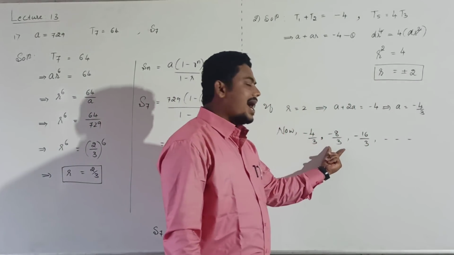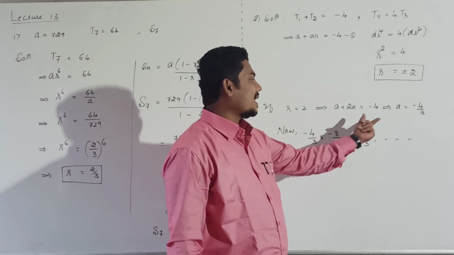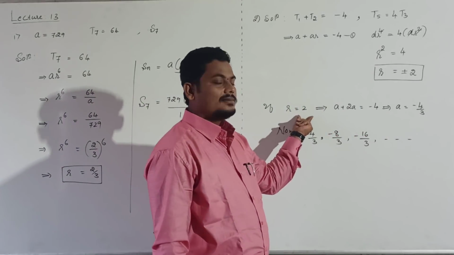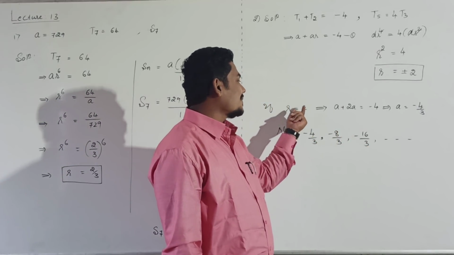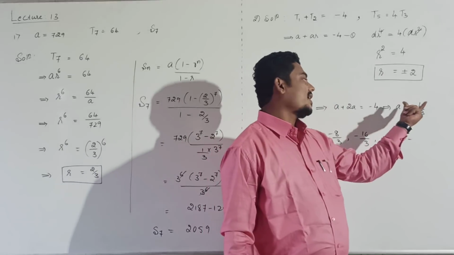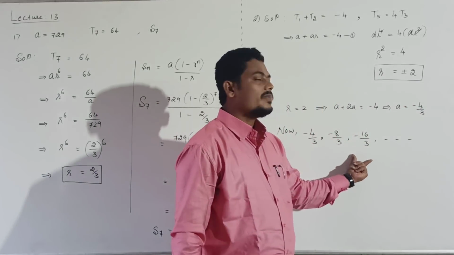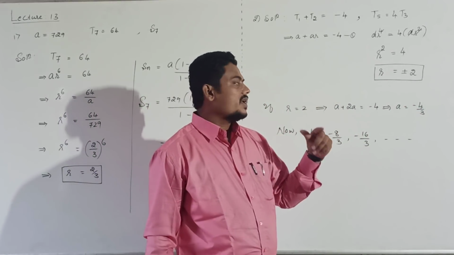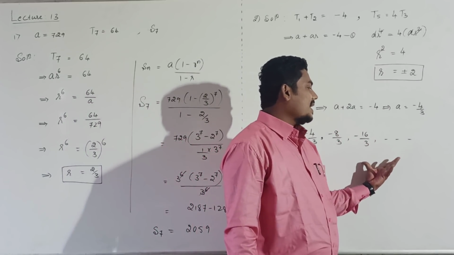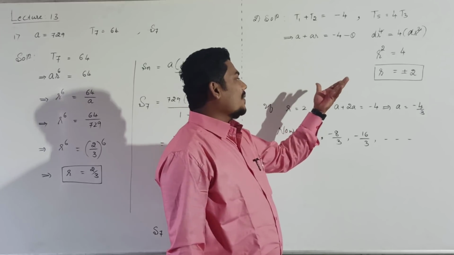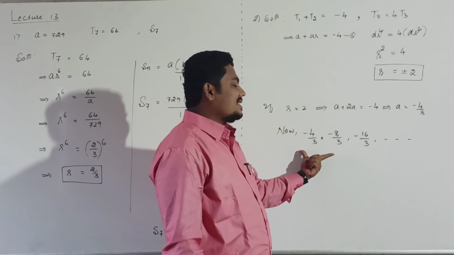The terms are A, A into R, then A into R square. What is R square? R square is 4. 4 into minus 4 by 3, that is minus 16 divided by 3. This is a GP. If R value is plus 2, then this is the GP.